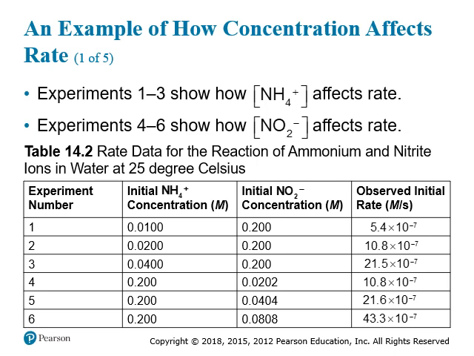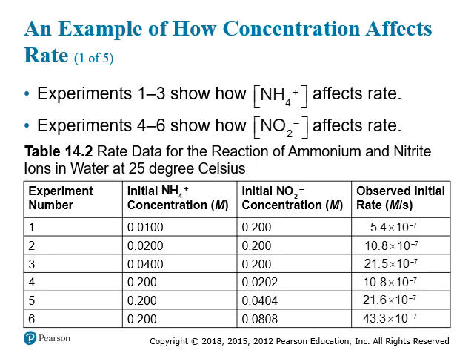But between each experiment, you will notice that we have changed the concentration of one of the reactants. In the first 3 experiments, we keep the concentration of nitrite constant at 0.2 molar, and we change the concentration of the ammonium cation.